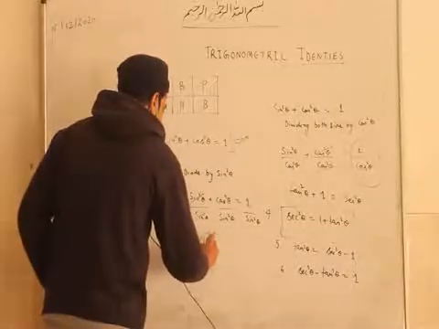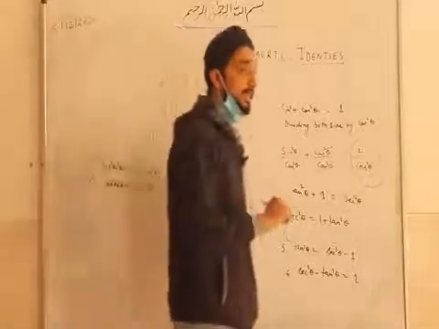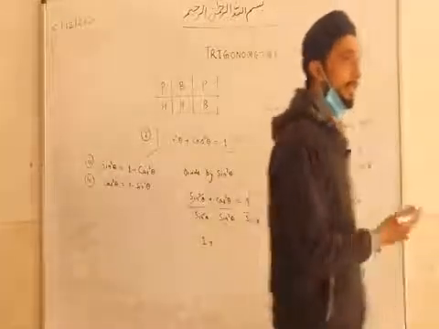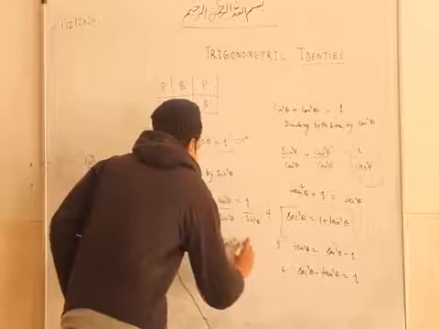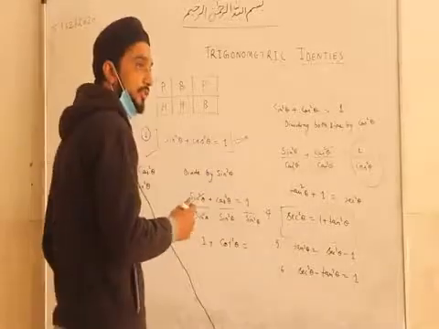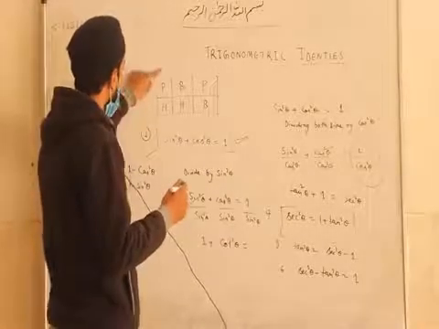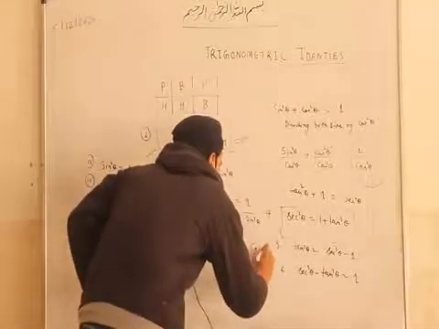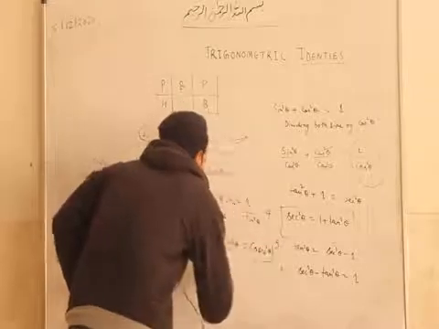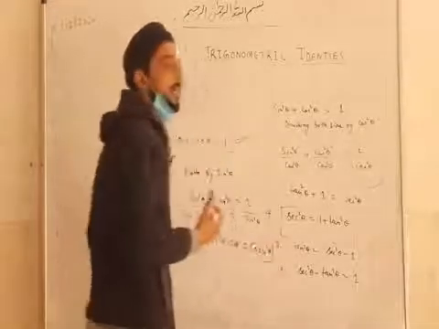It will be 1, and cos by sin is cot square theta, simple. So we can write here cot square theta, and it will be 1 by sin, the reciprocal of sin. This is sin, the reciprocal is cosec. So we can write here cosec square theta. So these are the relations in the squares.